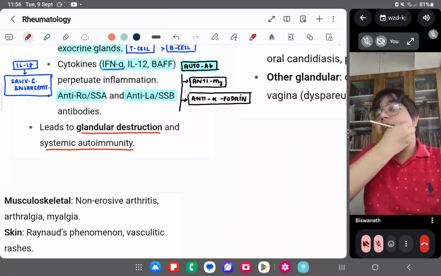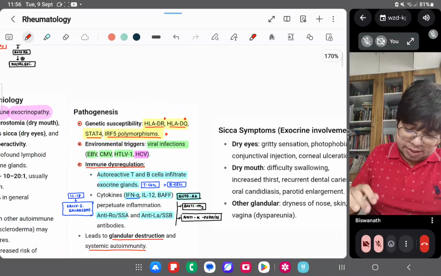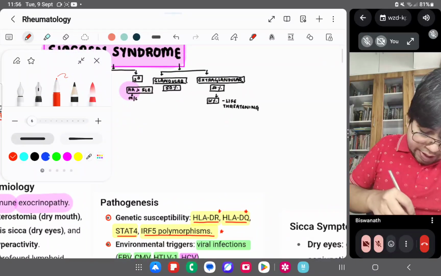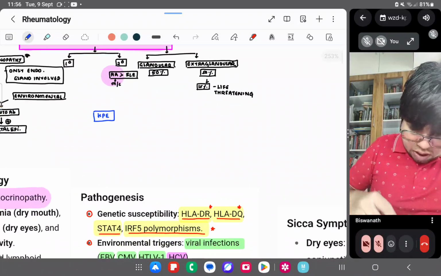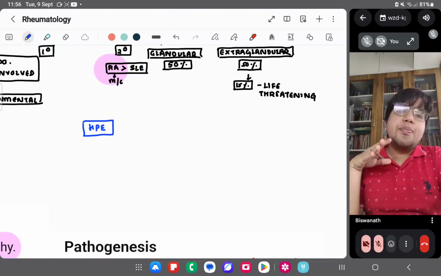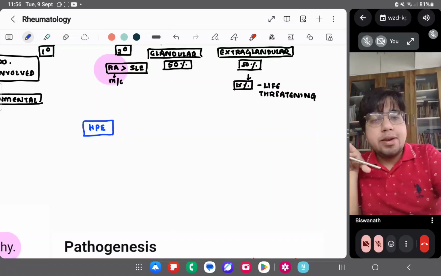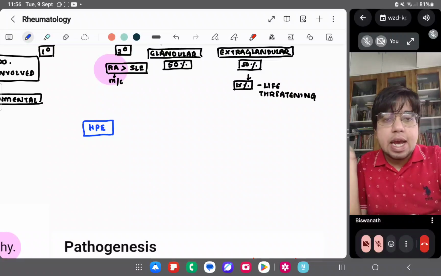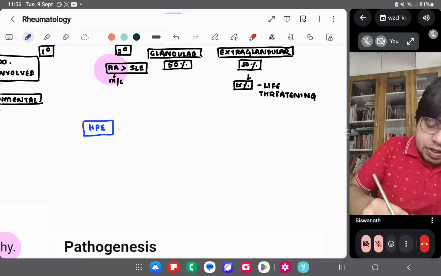If you look at the histopathology section, this is the pathogenesis we discussed. In histopathology, HPE, you will get two findings. One is benign lymphoepithelial lesions, which are seen in major salivary glands, and lymphocytic sialadenitis in minor salivary glands.